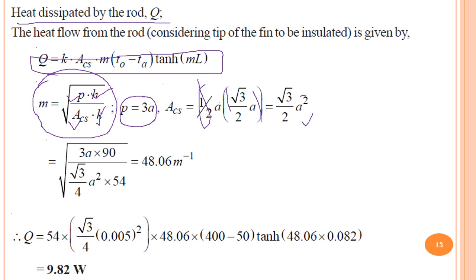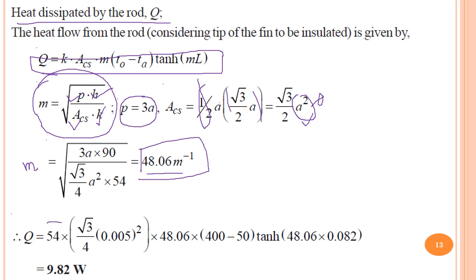The a value is given in millimeter, which we have to convert into meter. When we convert into meter and put in the values, we get the value of m, the fin constant, that is 48.06 meter inverse.